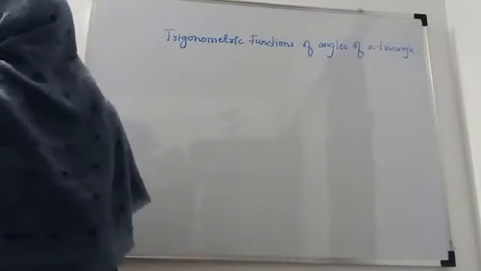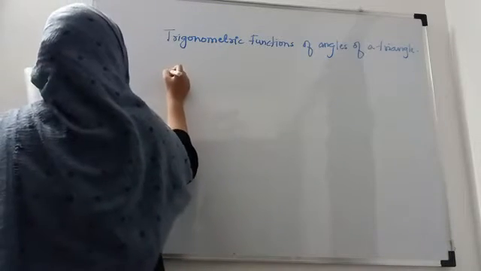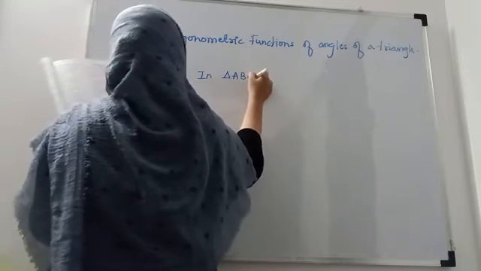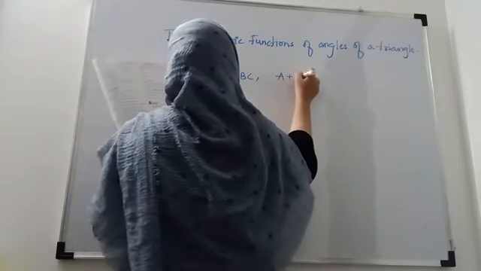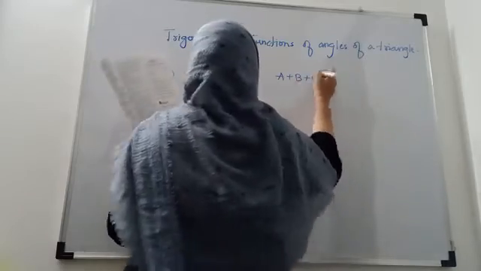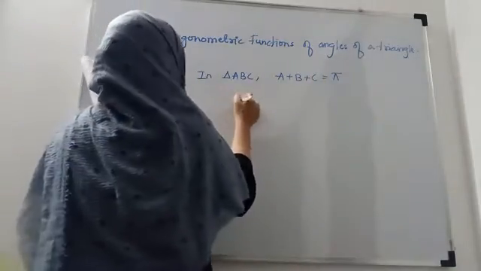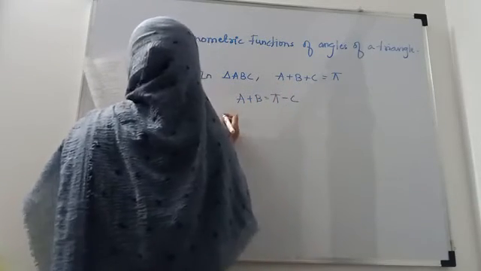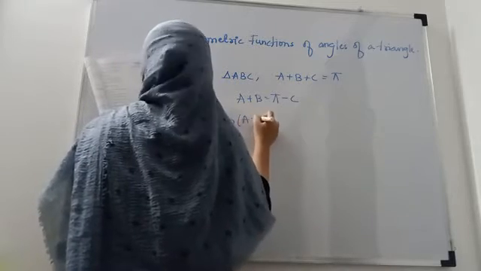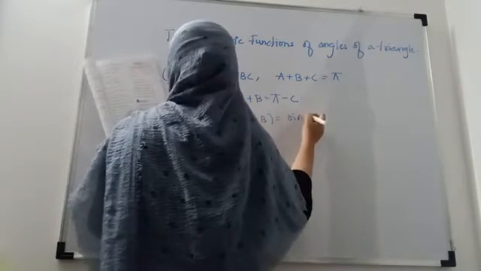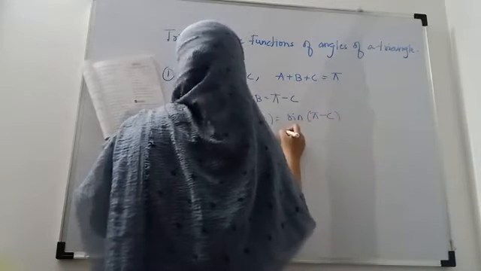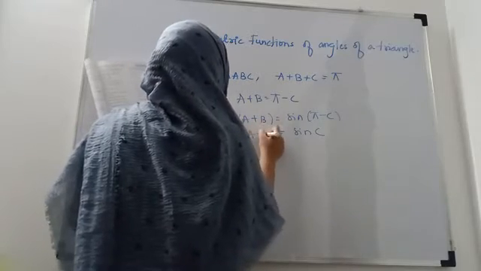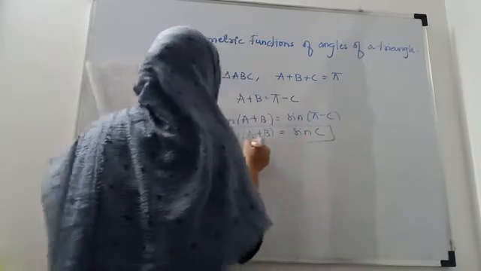So result number 1 is, in a triangle ABC, A plus B plus C is equal to pi, and therefore A plus B, we will shift C over here, will be pi minus C. Therefore sine of A plus B will be equal to sine of pi minus C, which is equal to sine C. This is one of the formulas.